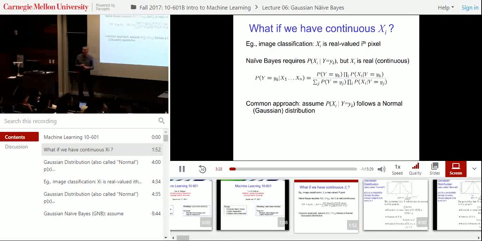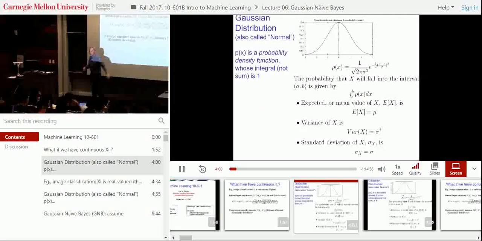The standard way of covering it is to model real valued variables with a Gaussian distribution. So we'll still use exactly the same approach as we did when our xi's were Boolean valued. But now, instead of estimating those probability terms by a maximum likelihood or a MAP estimate of how often xi would be 1 or 0, we're going to estimate these as a Gaussian distribution.